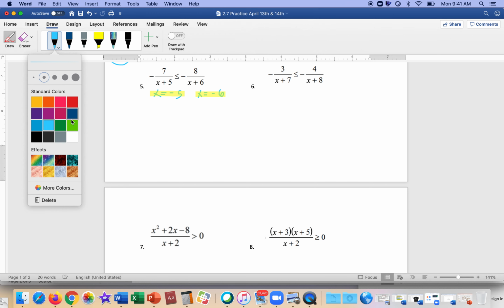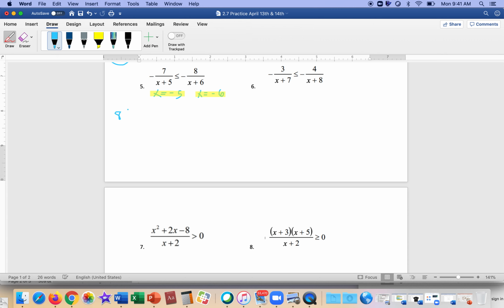So if I solve this and I cross multiply, I would get 8 times x plus 5, you've got to pretend it's an equals, is equal to, I'm going to put the negative on top in the numerator, negative 7 times x plus 6.